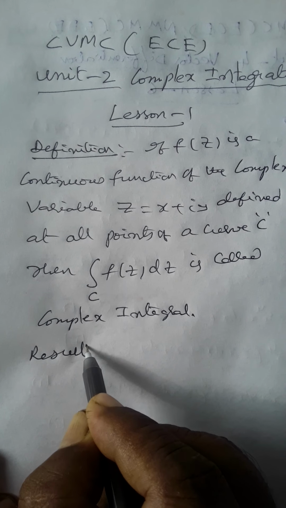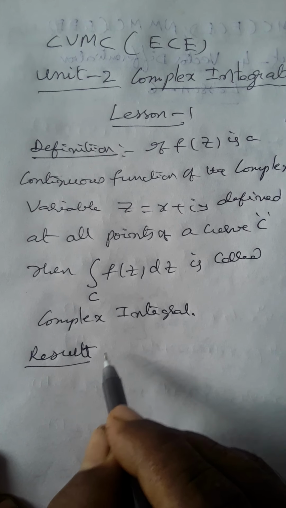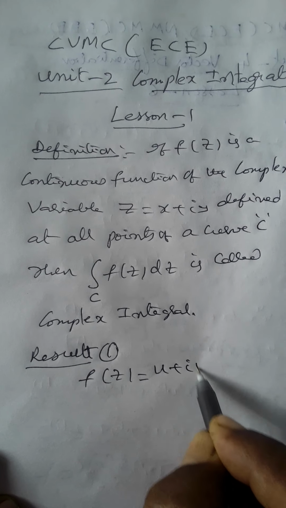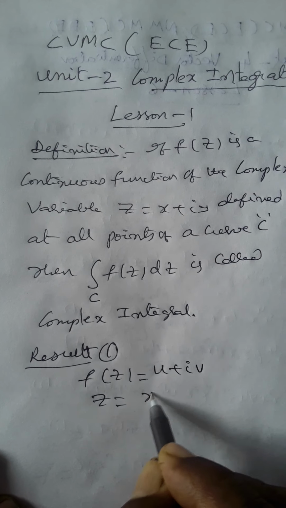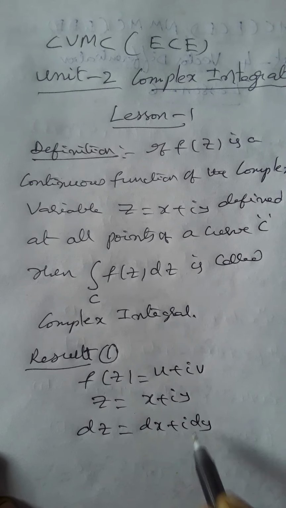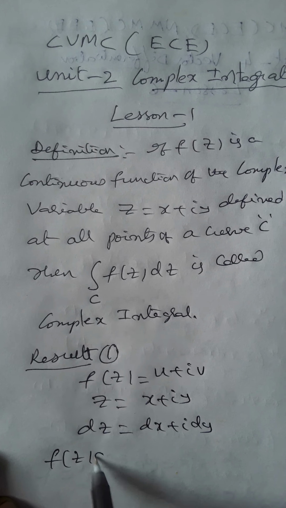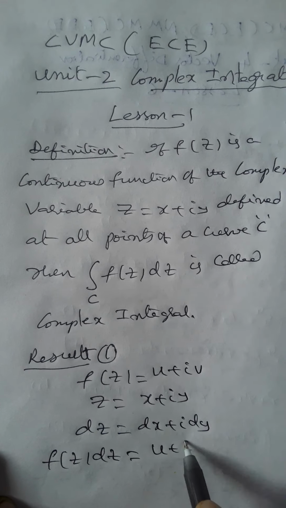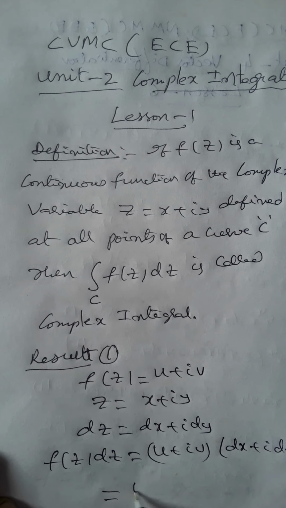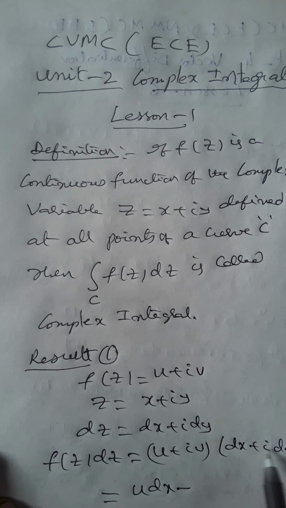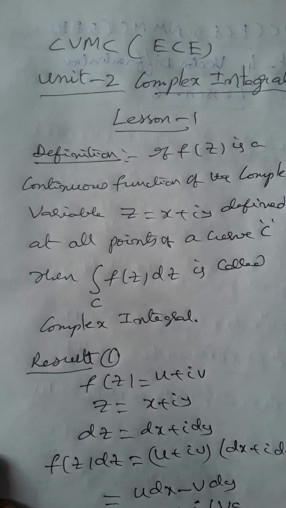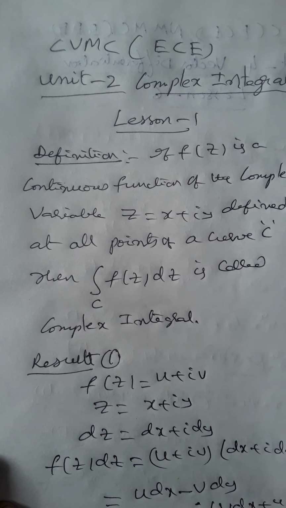Result 1. f of z is equal to u plus iv, z is equal to x plus iy, dz is equal to dx plus i dy. So f of z dz is equal to u plus iv into dx plus i dy, which is u dx minus v dy (since i square is minus 1) plus i into v dx plus u dy.